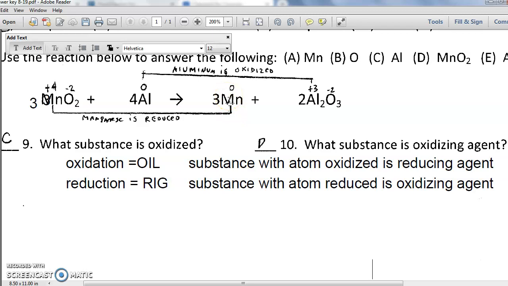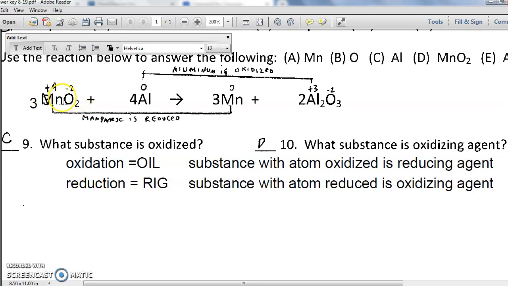So the substance that's the oxidizing agent is the MnO2, letter D, because oxygen is a famous oxidizing agent, thus the term oxidizing agent. Generally, the oxidizing agent is a substance on the left side of the reaction that has oxygen in it. A lot of times, that's where the term came from.